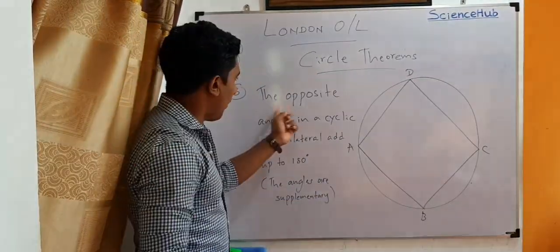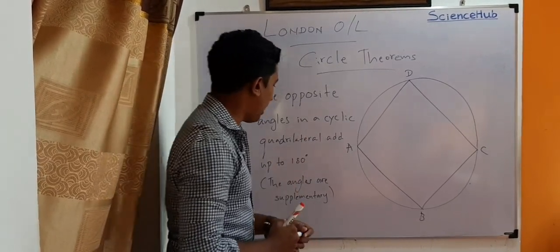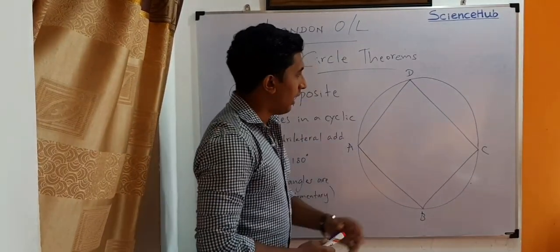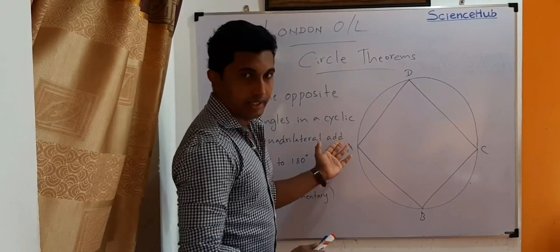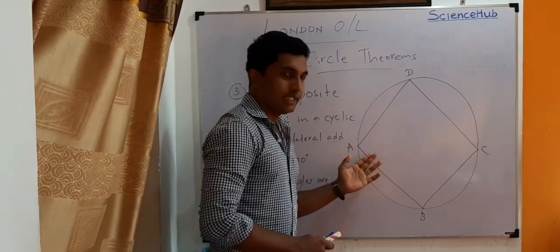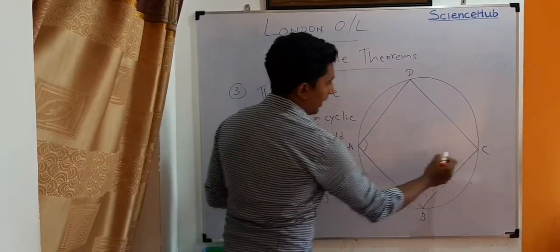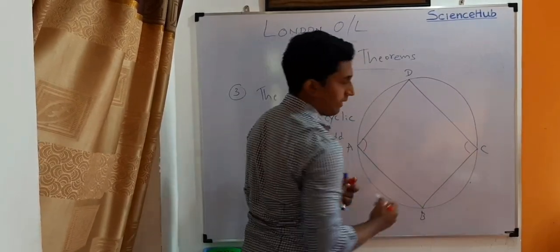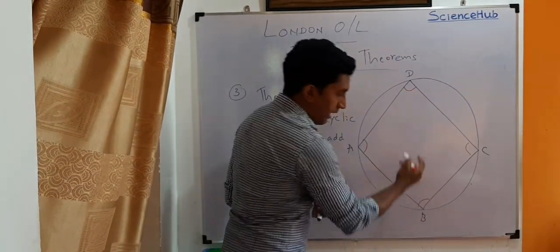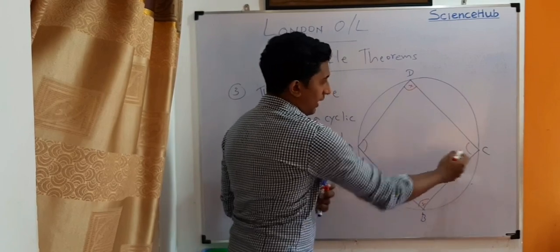Cyclic quadrilateral means this one. We can consider angles A and C as opposite angles, and D and B as opposite angles.